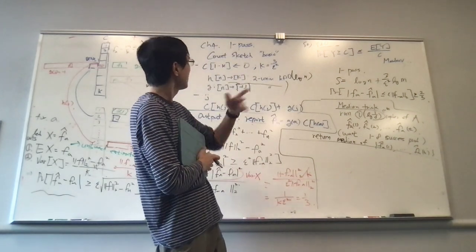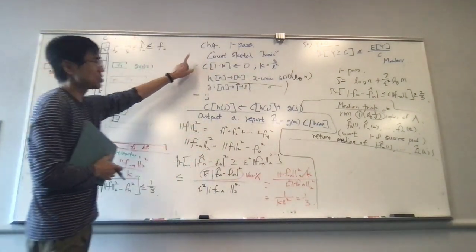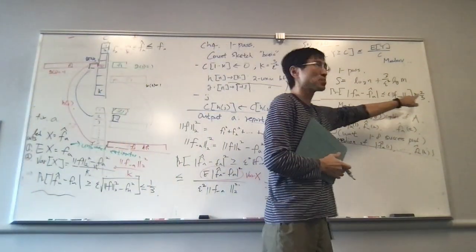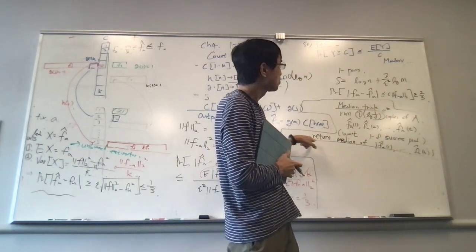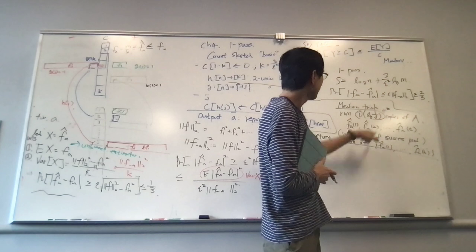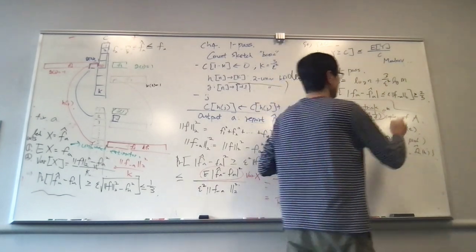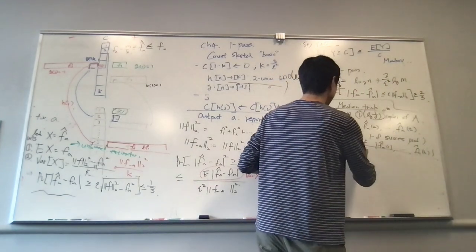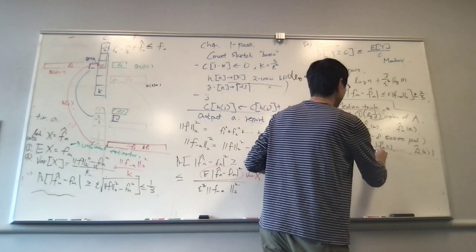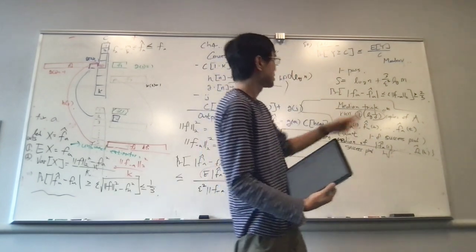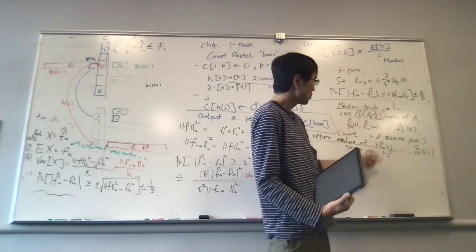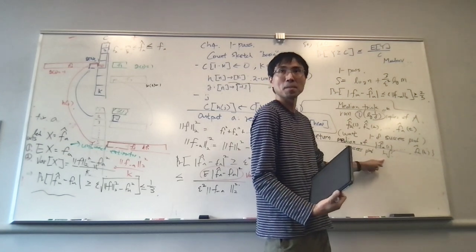Even though the basic version has only 2/3 success probability, we are going to see that by doing this trick, we can boost up the success probability to 1 minus delta. Meaning, we have this bound with 1 minus delta probability.